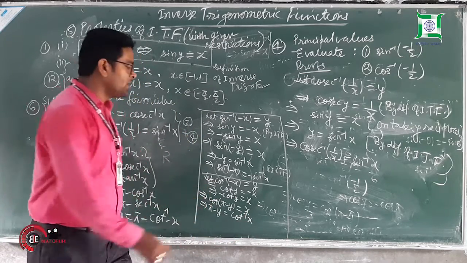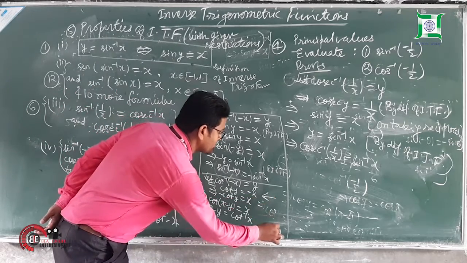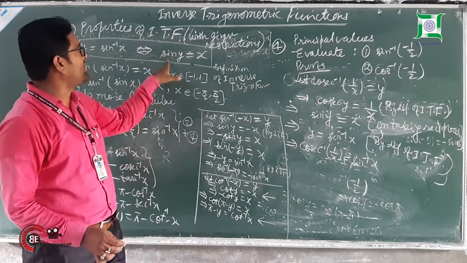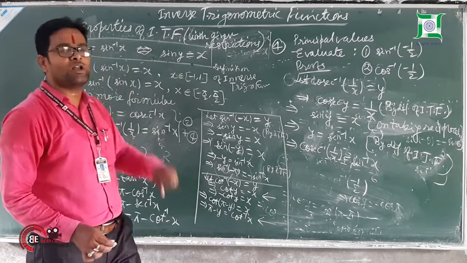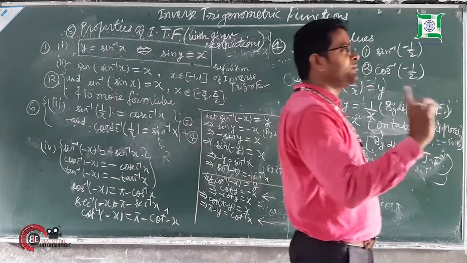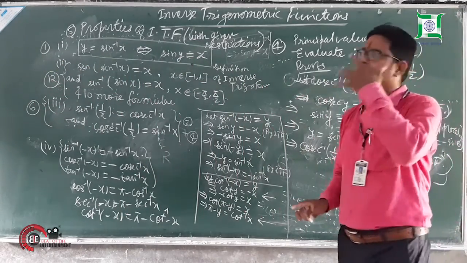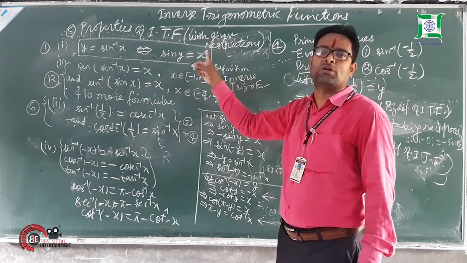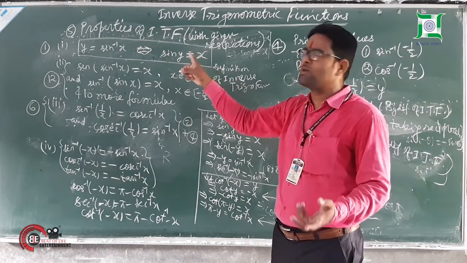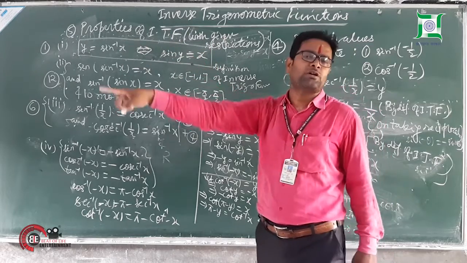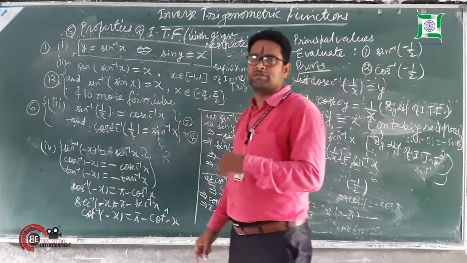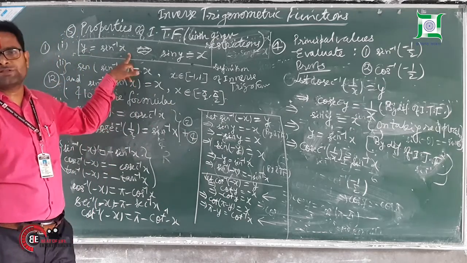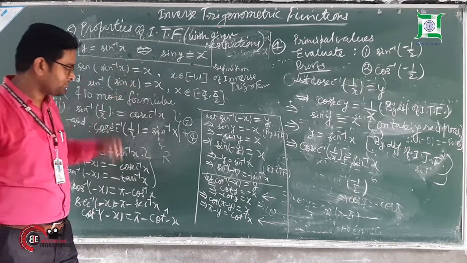In this place and in this place I have used the inverse trigonometric functions definition which I discussed in the very first formula. It is the most important property of inverse trigonometric function, that an inverse trigonometric function can be converted into circular functions or simple trigonometric functions, and simple trigonometric functions can be converted into inverse trigonometric functions. It is known as its definition.